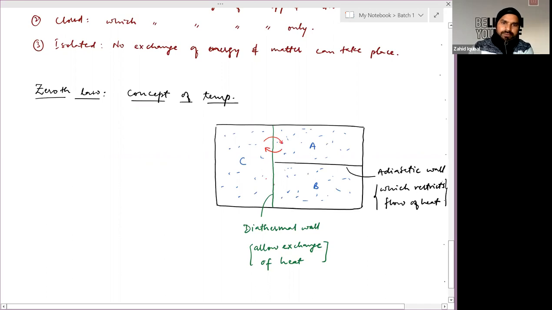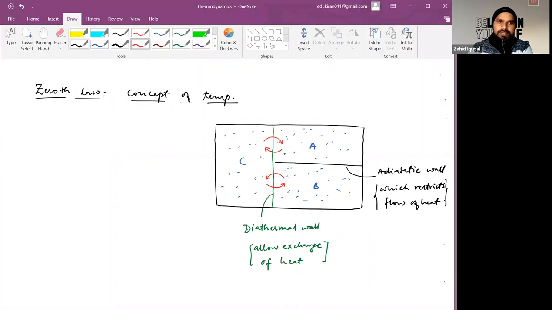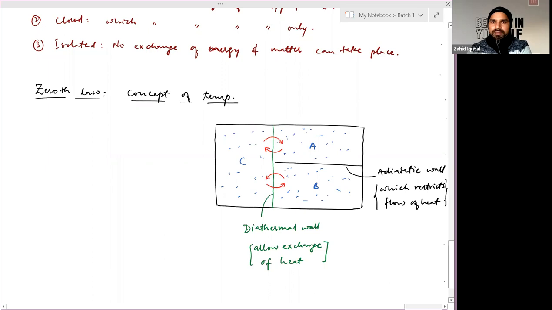Similarly, there will be exchange of heat along this path between B and C. So exchange of heat between any two thermodynamical systems will be due to temperature difference, from higher temperature to lower temperature, till they acquire thermal equilibrium. Is it clear?